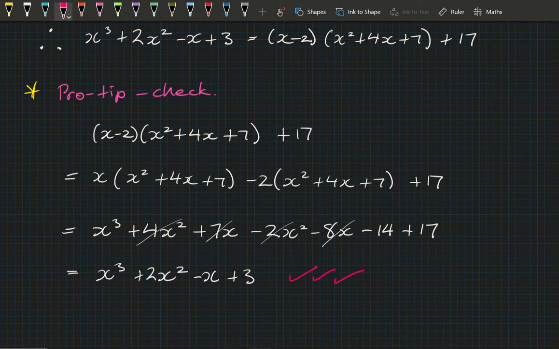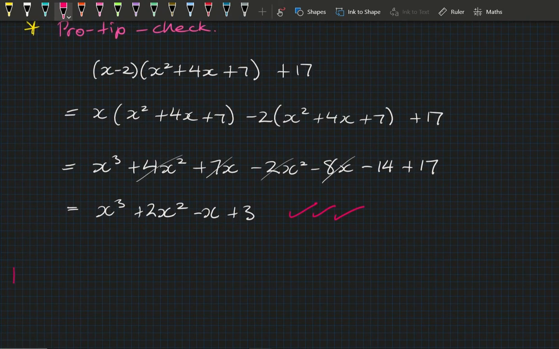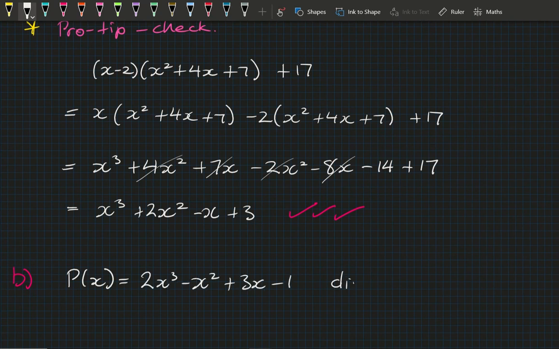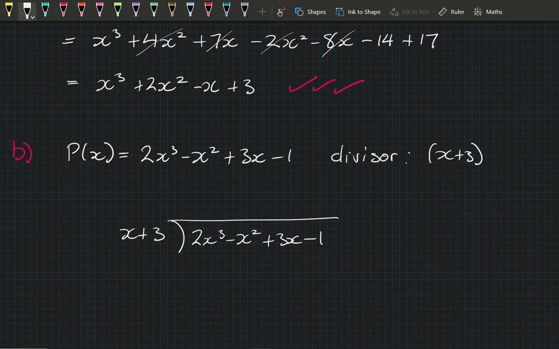So let's go to part B. P of x is equal to 2x cubed minus x squared plus 3x minus 1 this time, and the divisor is x plus 3. So writing that out in long division form. Focusing on our 2x cubed here, we need 2x squared to make x multiply into that.